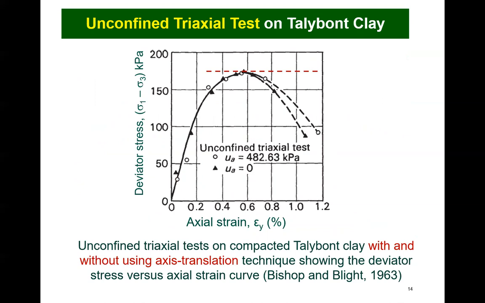One soil specimen was tested at atmospheric air pressure conditions, while the second specimen was subjected to a translation air pressure of 483 kilopascals. The result, as the plots show, is that the shear strength remained the same for both soils. Stated another way, the axis translation technique can be used to test the shear strength of an unsaturated soil. It is an acceptable procedure.